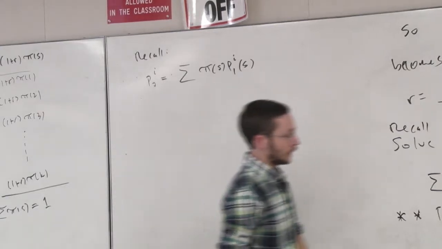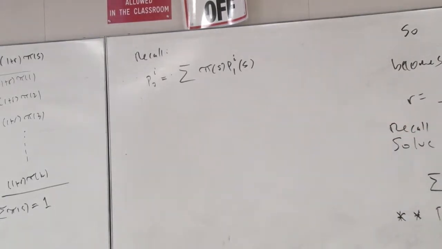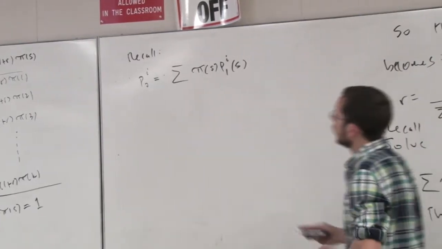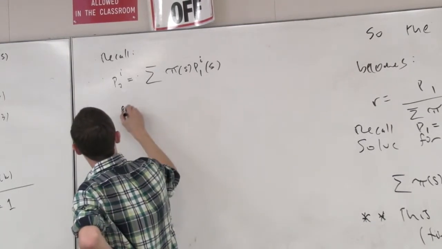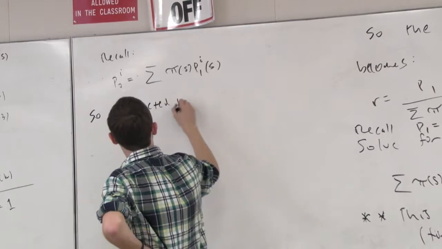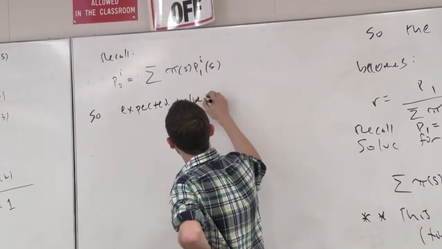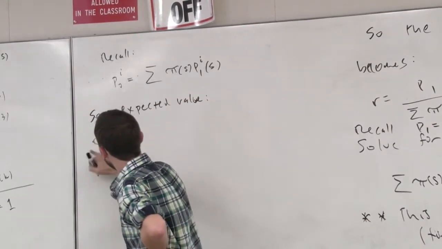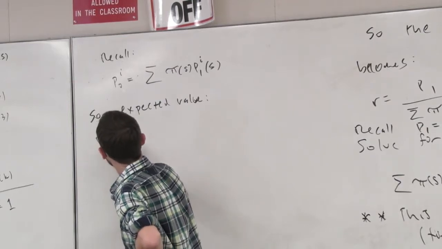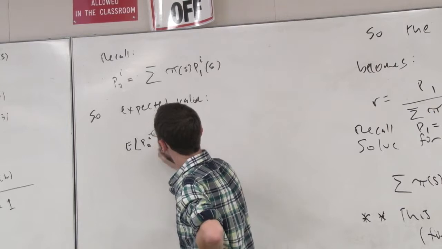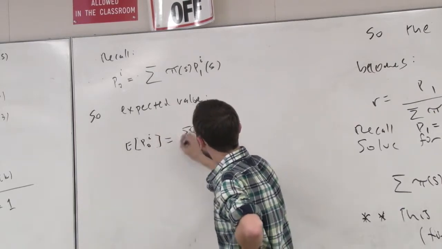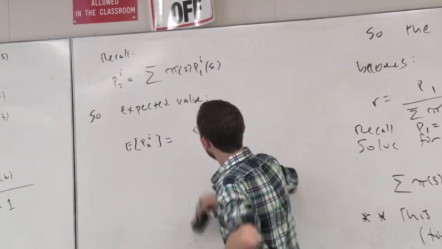We talked about this last class. And so let's take the expected value of both sides. The price that we pay today for asset i is equal to the expected value of this sum.